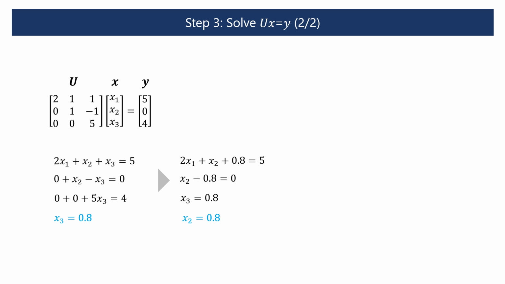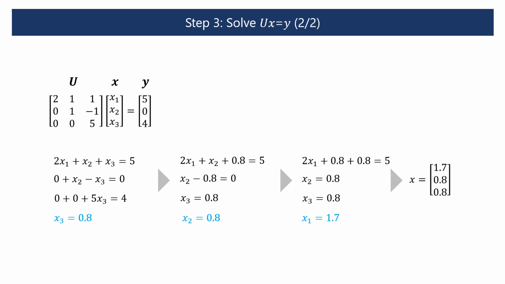So we can find that x2 equals 0.8. Finally, we substitute x3 equals minus 0.8 and x2 equals 0.8 in the first equation to solve for x1. We can find x1 equals 1.7. So, we have solved for x, and the solution to the system of equations is expressed by this vector x.